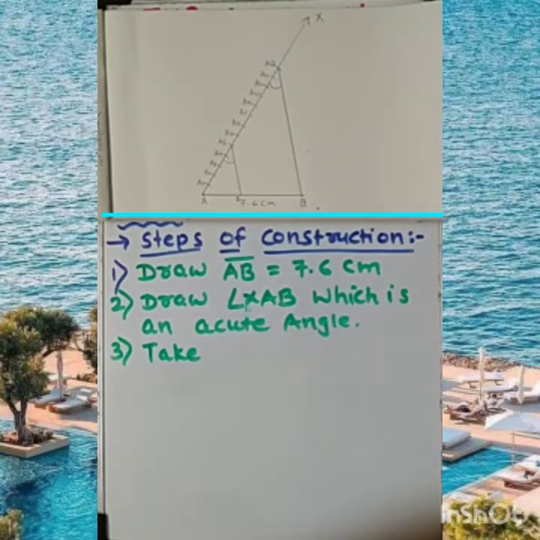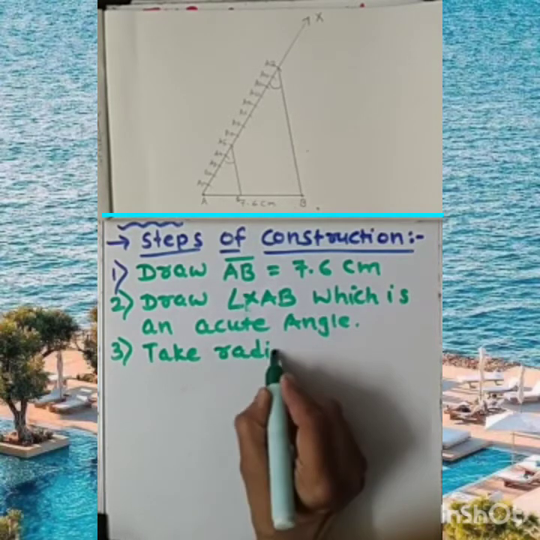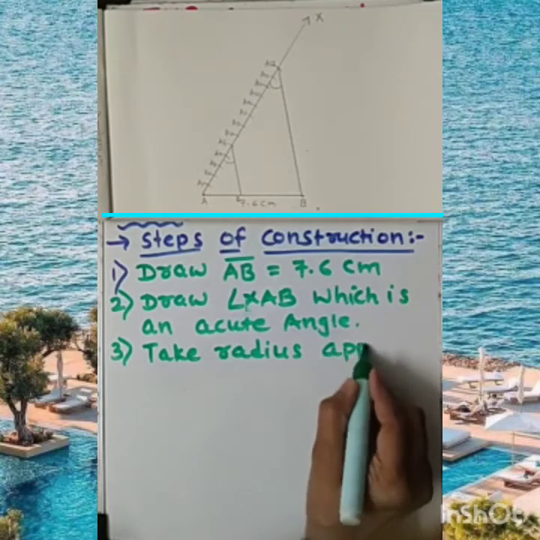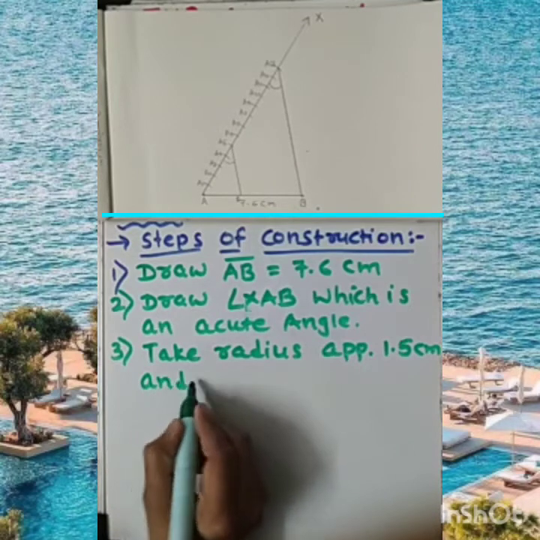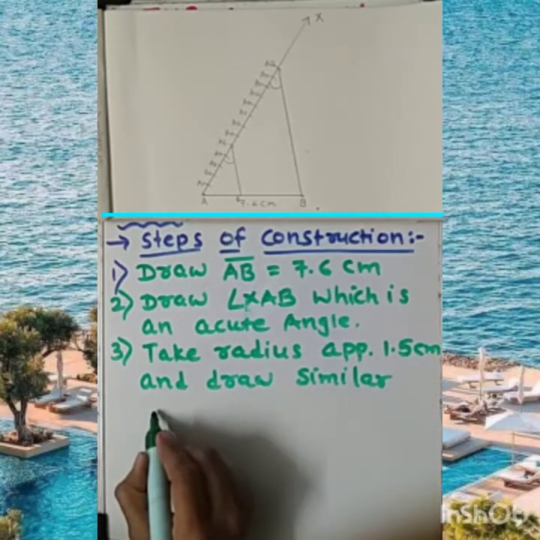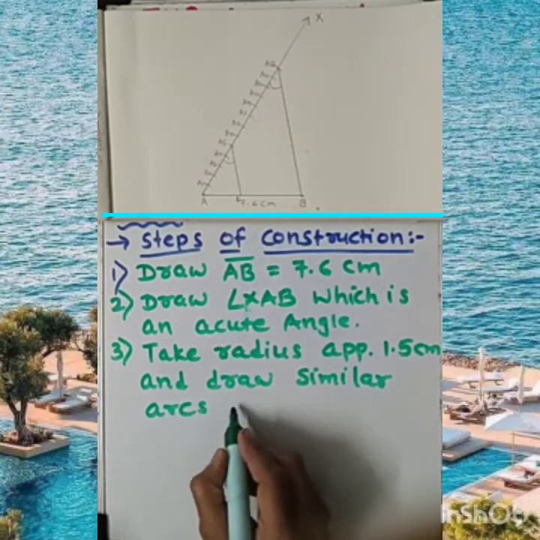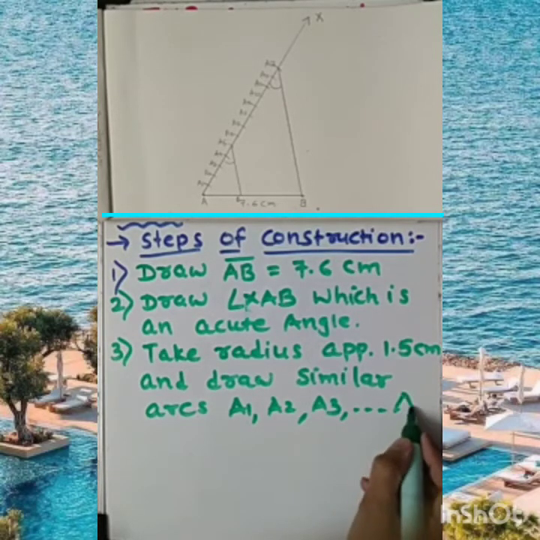Take a radius of approximately 1.5 centimeter and draw similar arcs A1, A2, A3 up to A13.